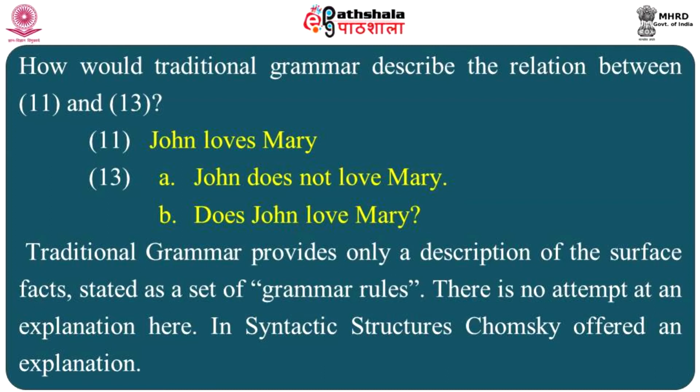All that one could say was that morphology outputs a verbal form does, just like it outputs loves, and in negative sentences and yes-no questions in English, if there is no other auxiliary verb in the sentence, we must choose does, and we must also choose the bare form of the main verb because there cannot be two tense affixes in a sentence. But this is only a description of the surface facts stated as a set of grammar rules. There is no attempt here at an explanation. In Syntactic Structures, Chomsky offered an explanation.